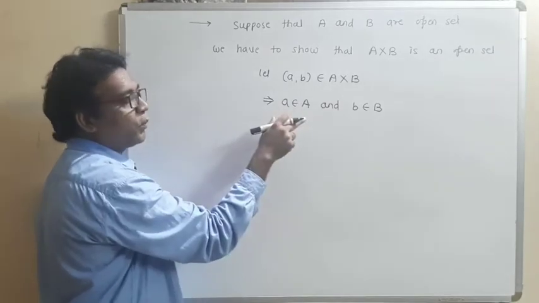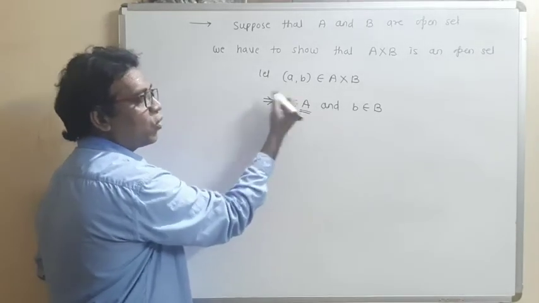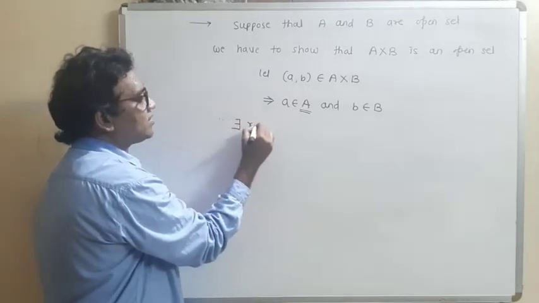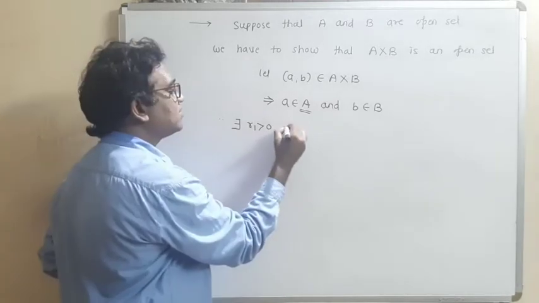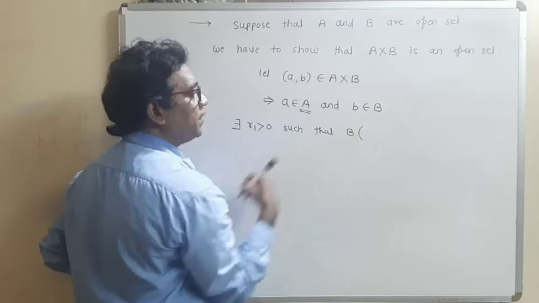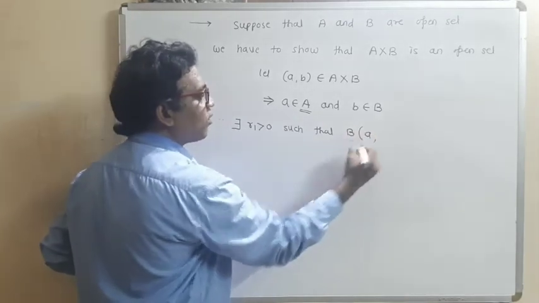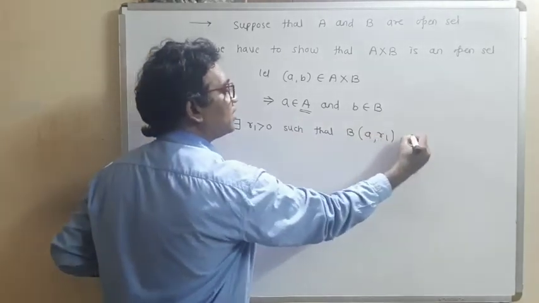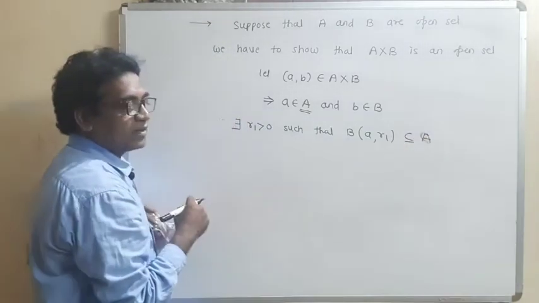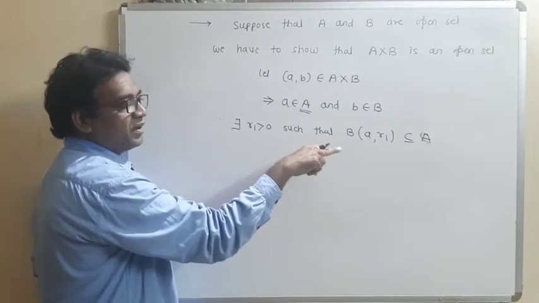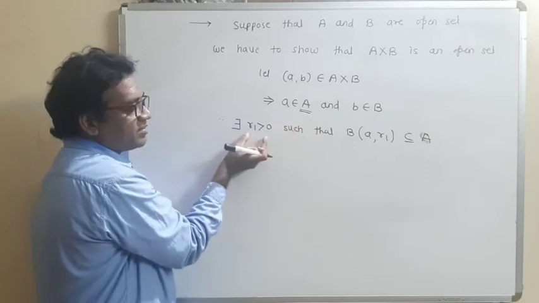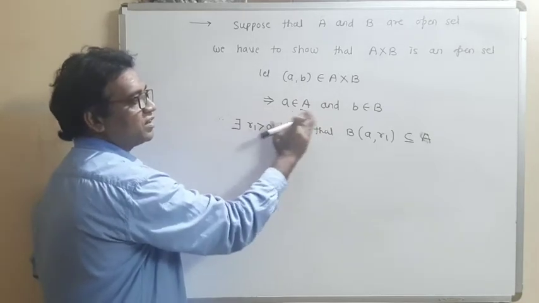What is the definition of open set? If it is an open set, then there exists a radius r1 greater than 0 such that the open sphere B with center at small a and radius r1 is contained in A, because A is an open set. Open set means for each a belonging to A, there exists some positive radius having this condition.